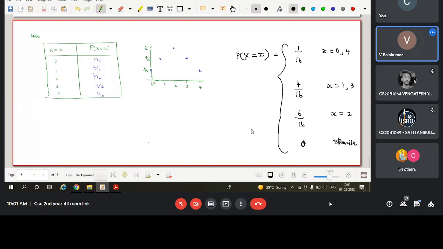And instead of probability of X equals x, usually we write f of x, with the understanding that f of x equals probability of X equals x. You can use any of these synonymously.